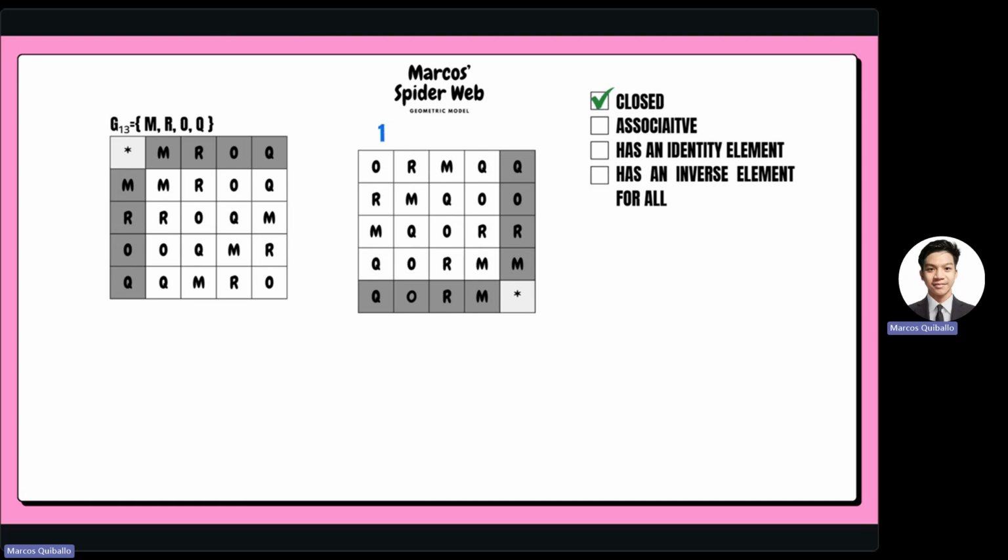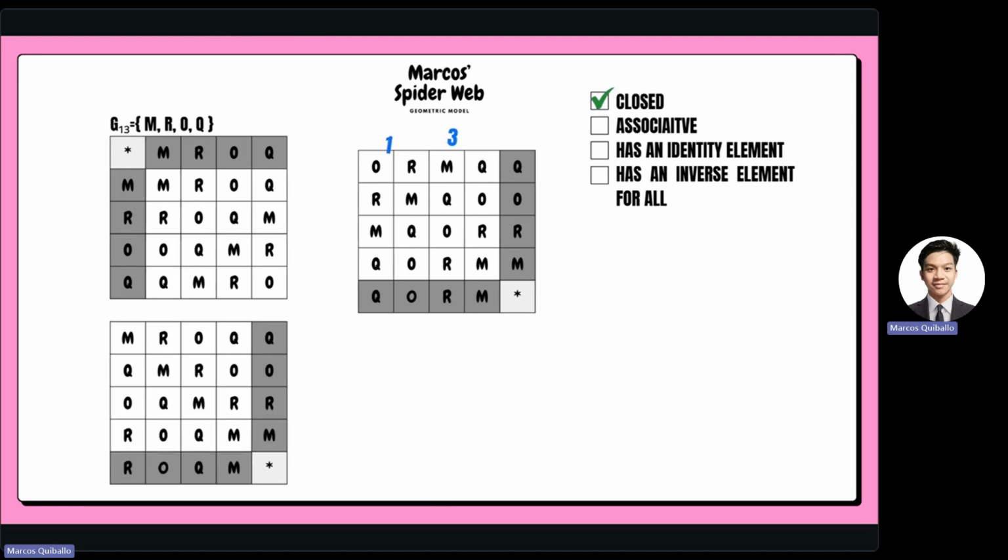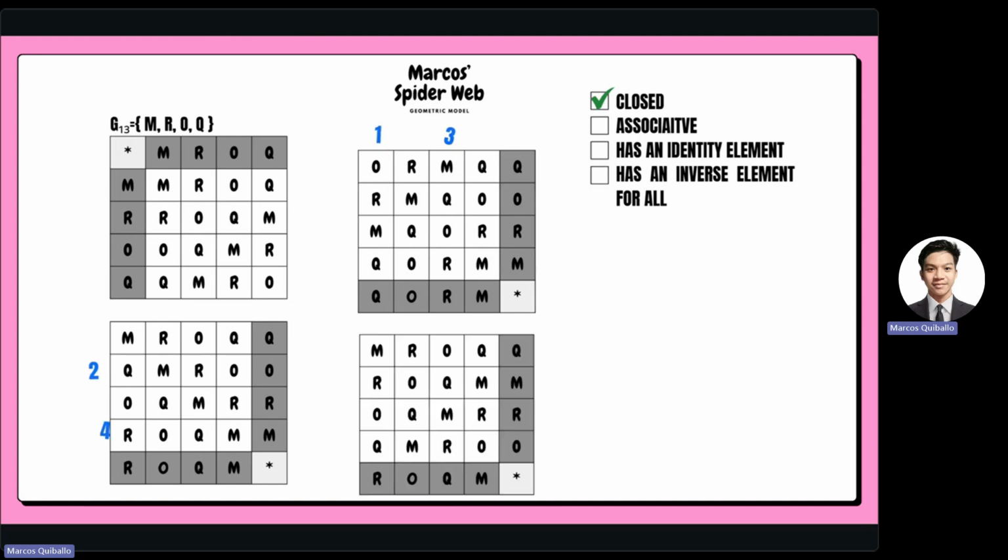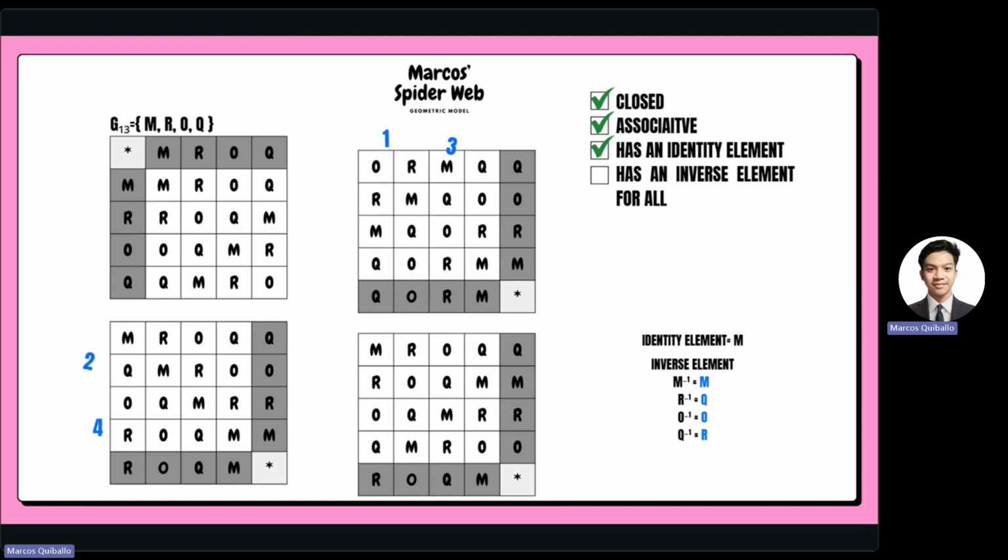But when we rearrange column 1 and column 3, we have M, R, O, Q. The columns are now correct, but our rows are not. So when we alternate row 2 and row 4, it is now equal to the first table. So it is associative. It also has an identity element, which is M, and an inverse element for all. So G sub 13 is also a group.